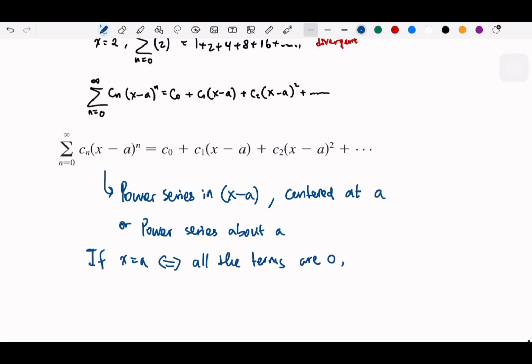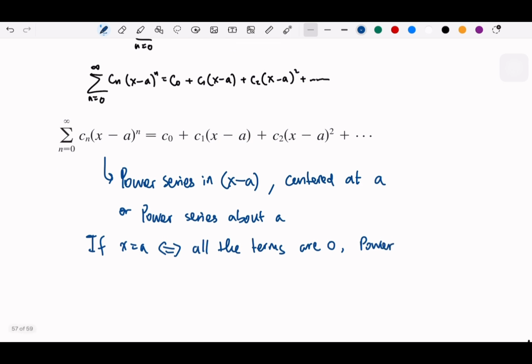So we know that a power series always converges when x equals a.